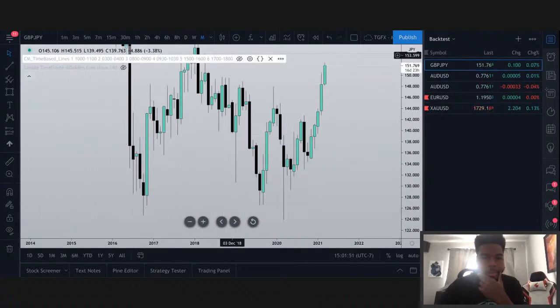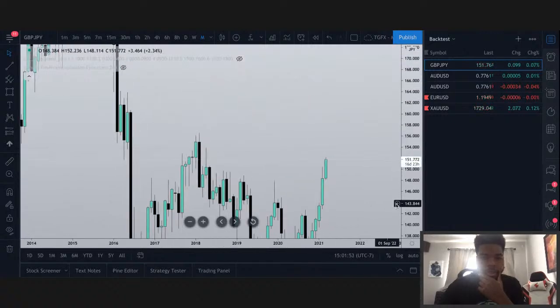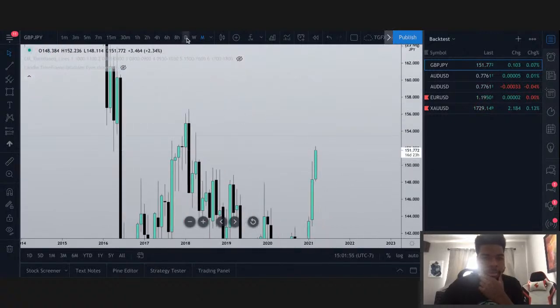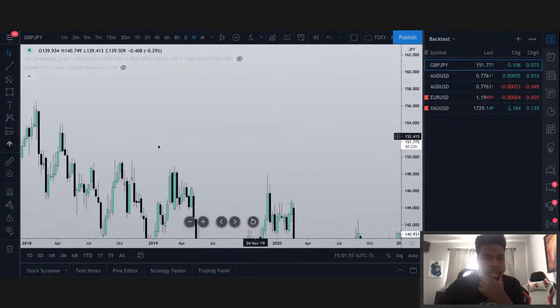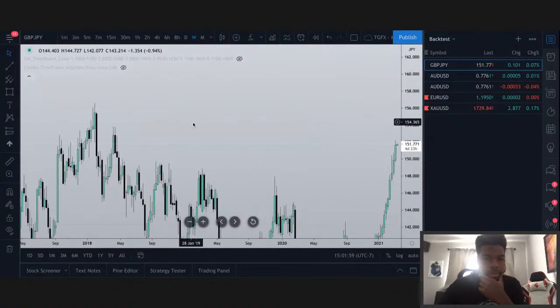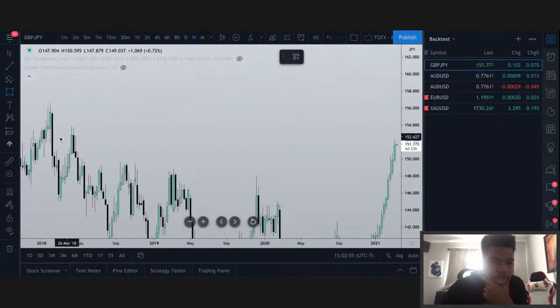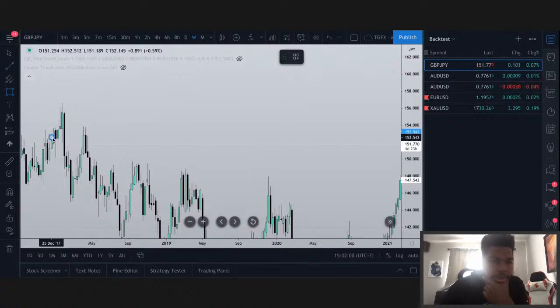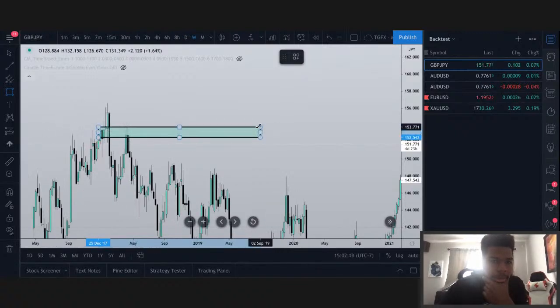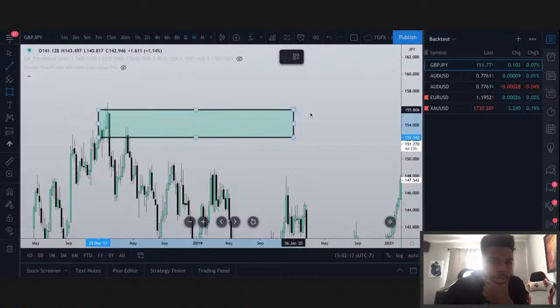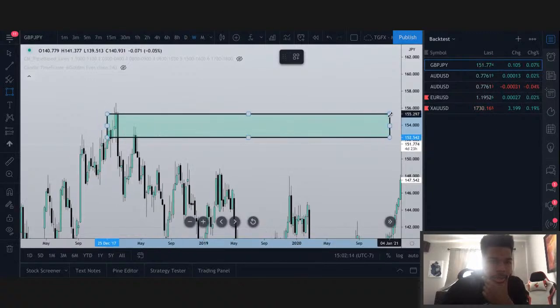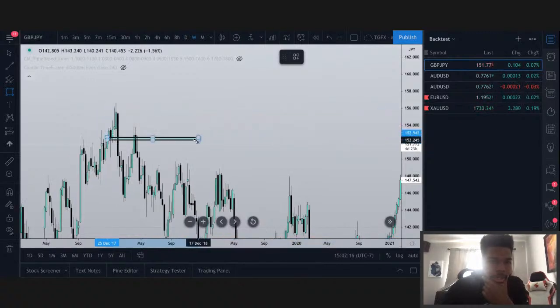Let's go to the weekly. All right, so we can see on the weekly time frame potentially there was some kind of level of demand, or I'm sorry, supply up here, where price ranged for a bit and then dropped, and we could see that price reacted off of that level.